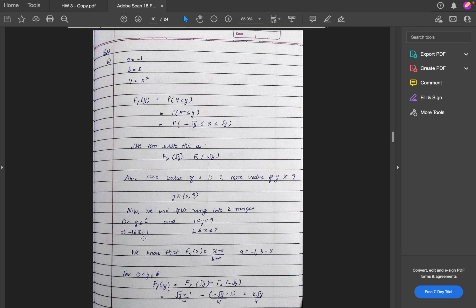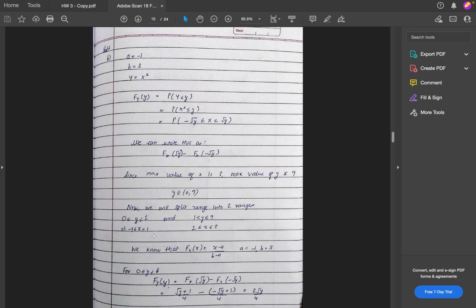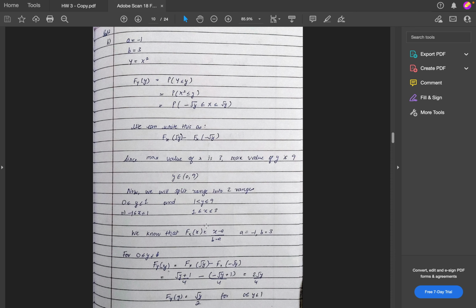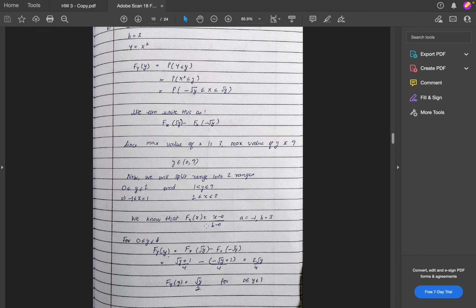In this case, x can range from minus 1 to 1, that is, x can take both positive and negative values. For the values of y from 1 to 9, x can take the values 1 to 3, so here x will remain positive always.